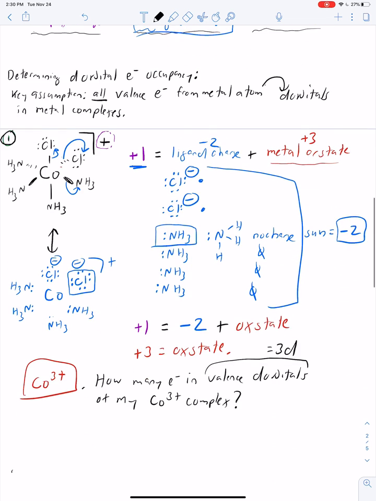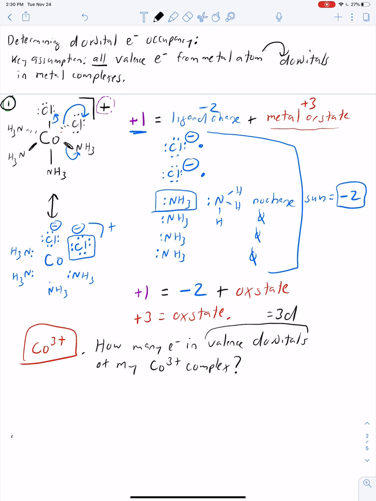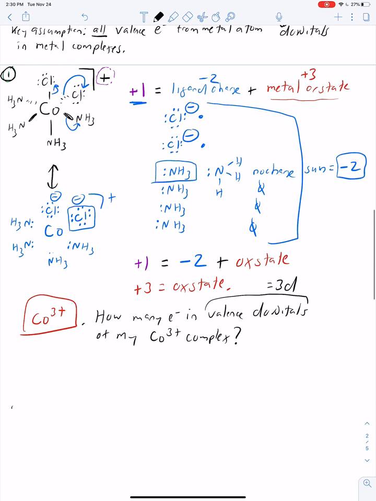Okay. So how many electrons are in the valence d orbitals of my cobalt 3+ complex? The way to think about this is, a cobalt 3+ complex has lost electrons. Just to make sure it's clear, when we say we have cobalt 3+, that means that it has lost 3 electrons from if it were a neutral atom. A neutral cobalt atom would have an equal number of electrons to the number of protons.